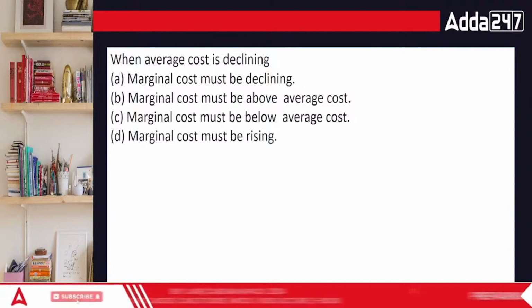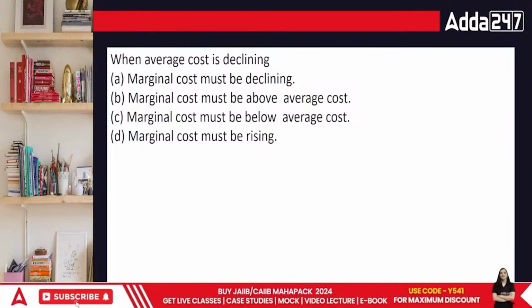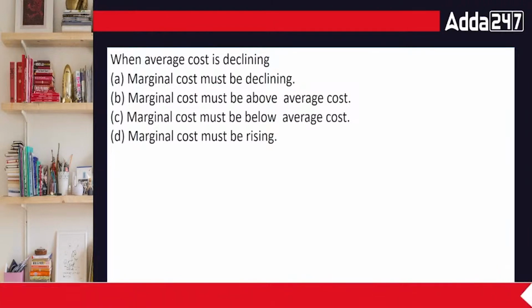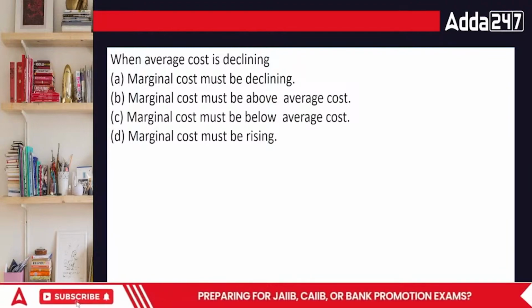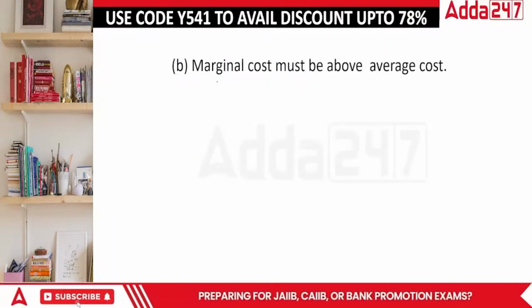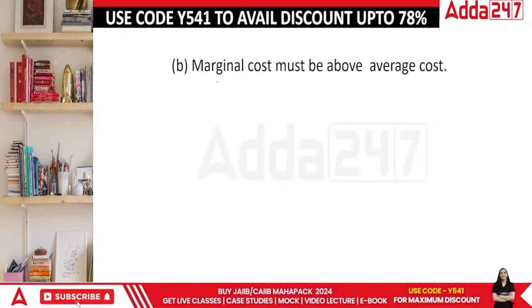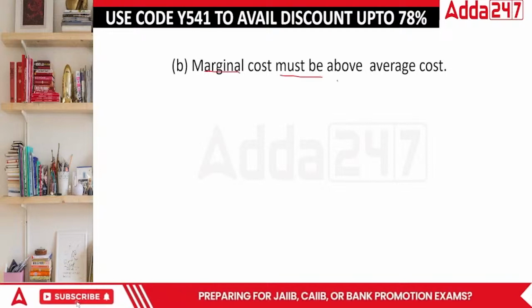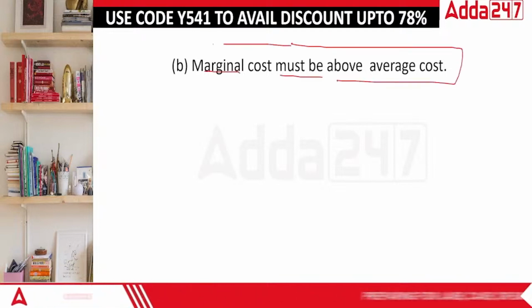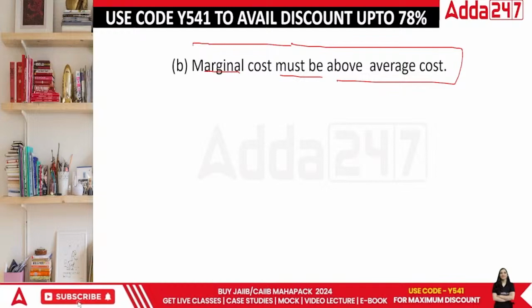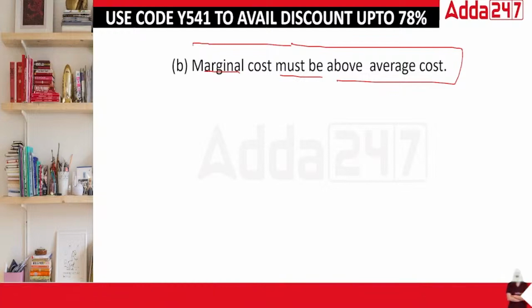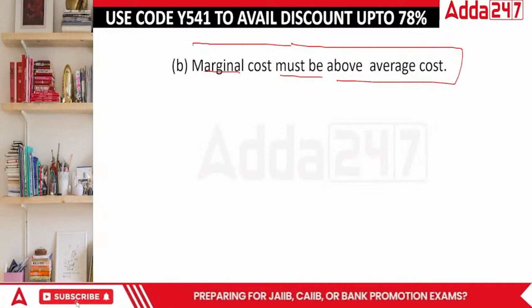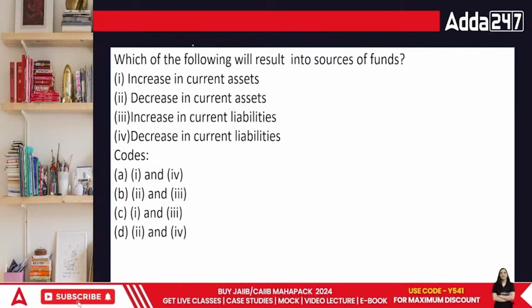Marginal cost must be declining, marginal cost must be above average cost, or basically when average cost is declining, marginal is also declining. They both go hand in hand. But when we talk about the specific area of when average cost is declining, at that point of time, the marginal cost must be above the average cost. Only at that time the marginal cost is above the average. But once one particular part of it starts declining, then this also starts declining further.